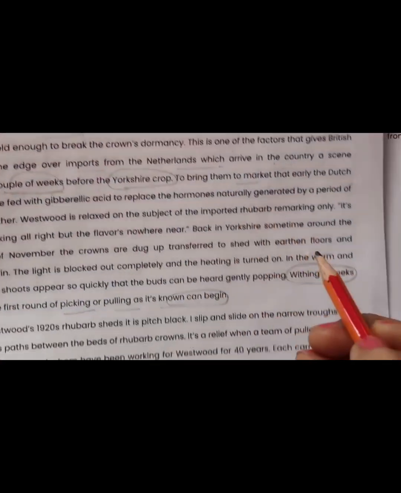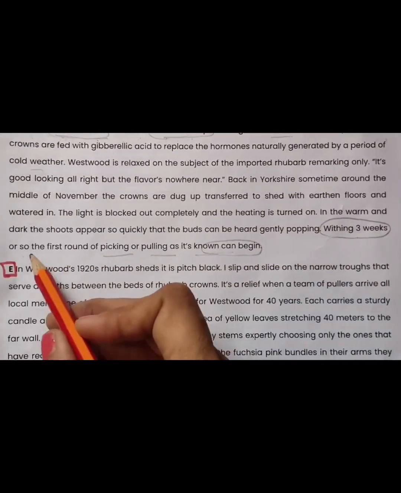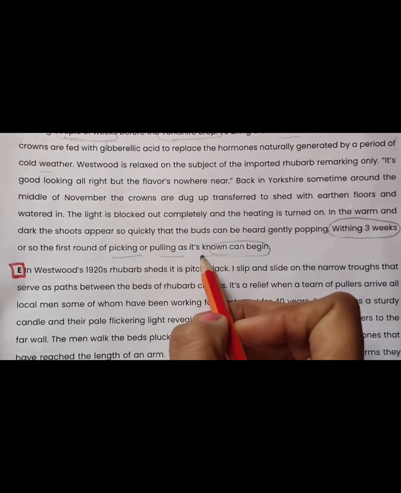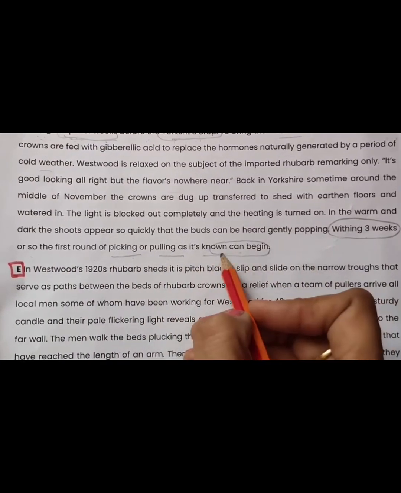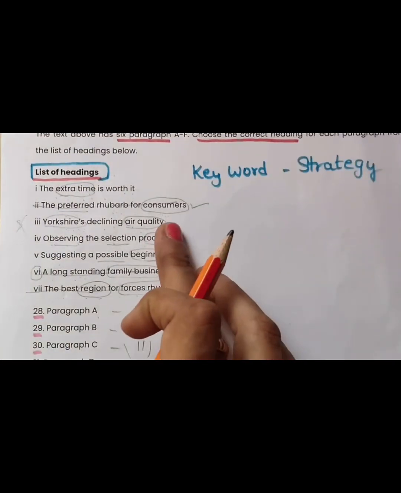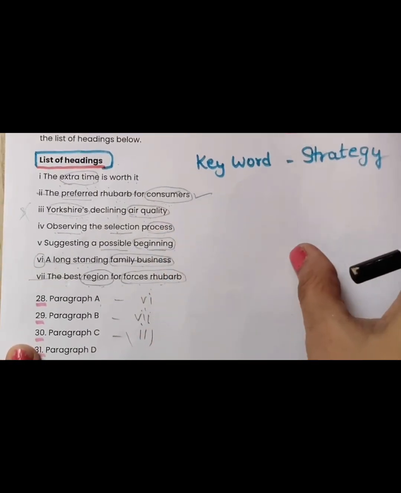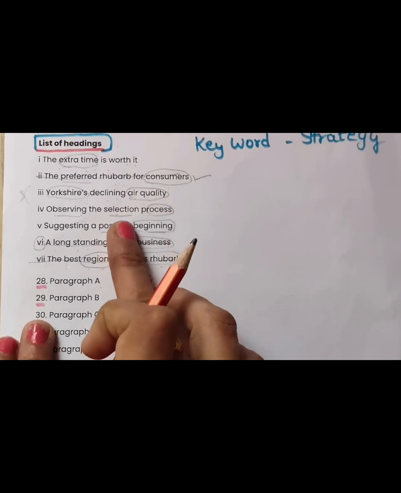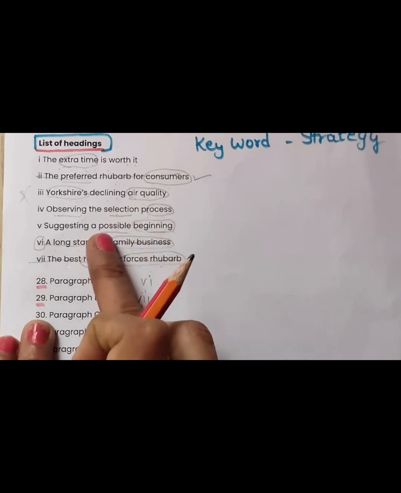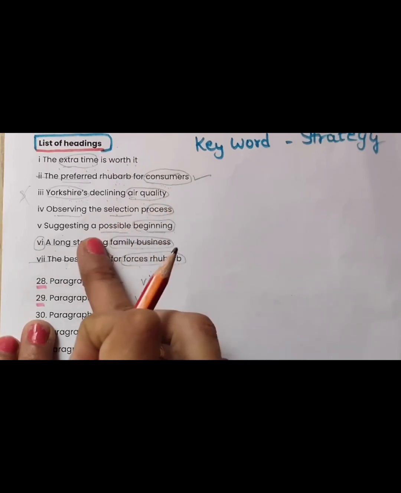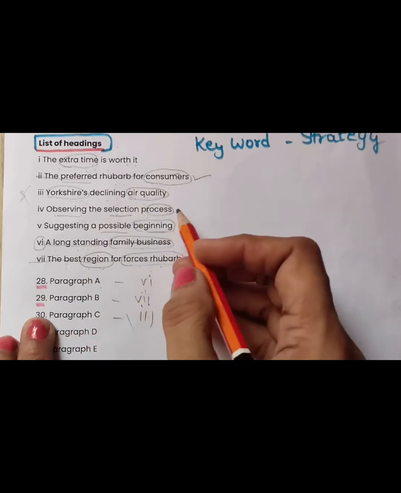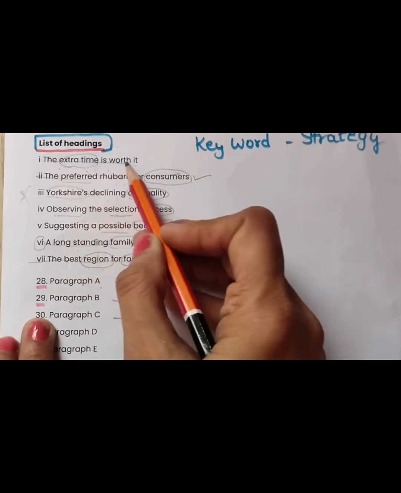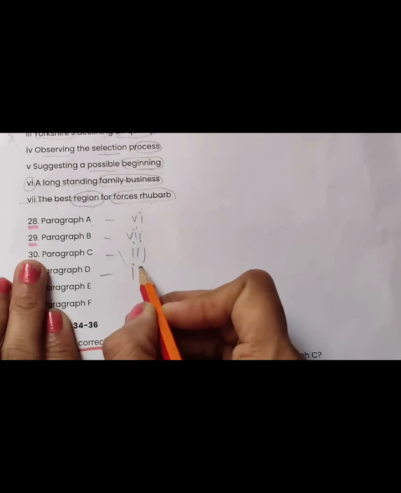So this also saying, and here also within 3 weeks the first round of picking or pulling, as it is known, can begin. So I will go with time is worth it, because other things are not matching. Air quality is not there. Selection process, possible beginning, no, they are not talking. So I will go with the first one for D paragraph.